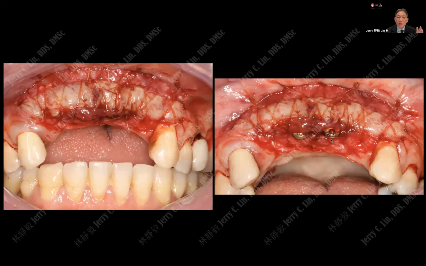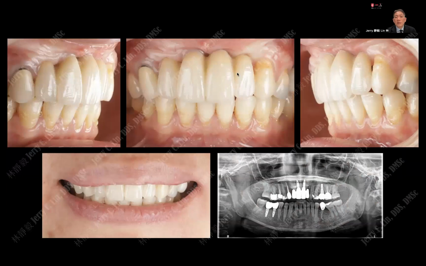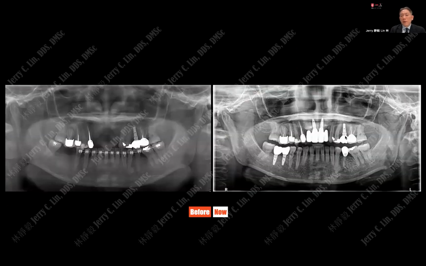So instead of 2 soft tissue procedures, I did 1. This is the donor site. And this is the final result, the definitive result. So we have solved the problem for bone, soft tissue, and implants, and got better results.